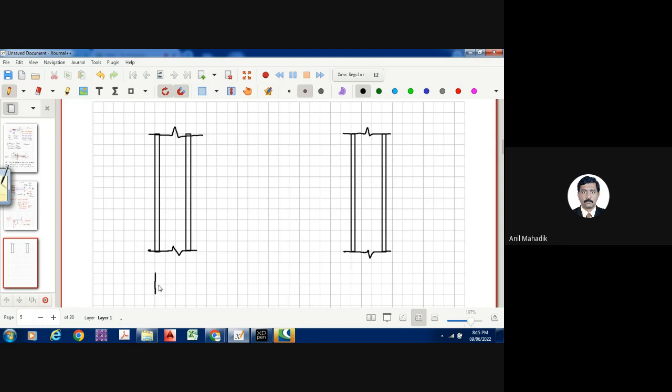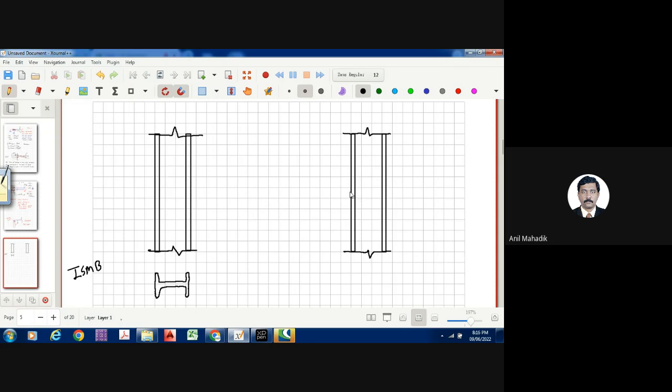So I-beam आपको पता है कैसे ऐसे रहता है. Okay, ये और both are same. This is I section, ISMB. ISMB 400, 300, you might have seen that kind of sections. So this is a I section column. This is also I section column.